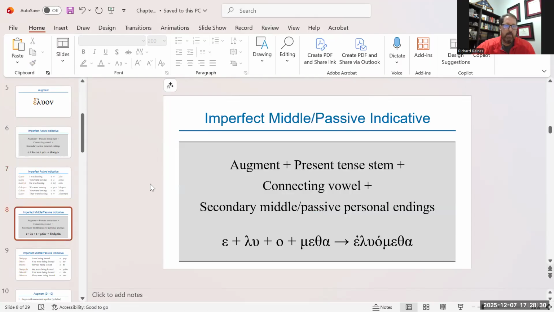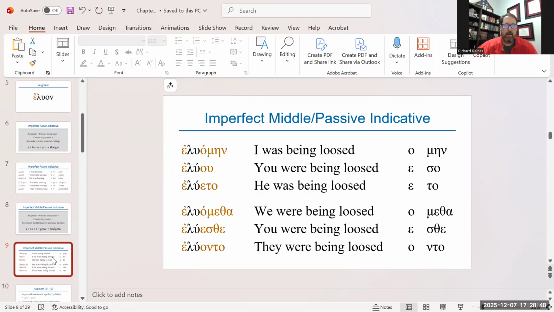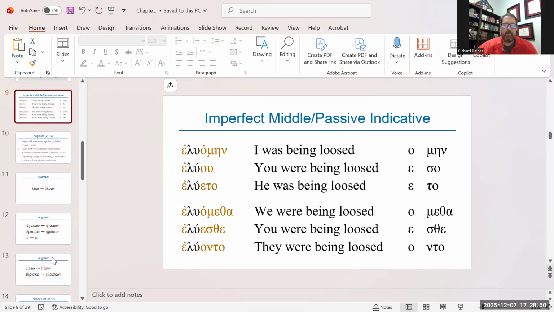Moving on to the imperfect middle and passive. It's formed the same way. You have your augment, you have your present tense stem, your connecting vowel, and your personal ending. And here is the paradigm for the imperfect middle and passive indicative.